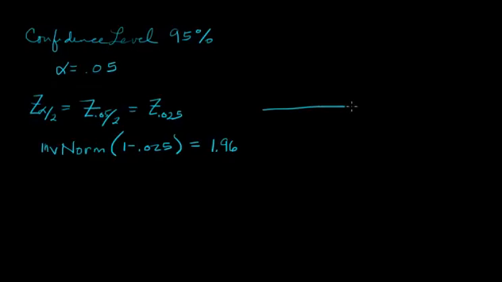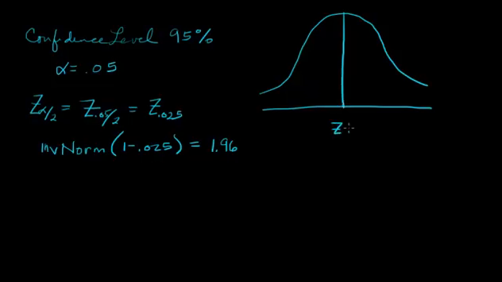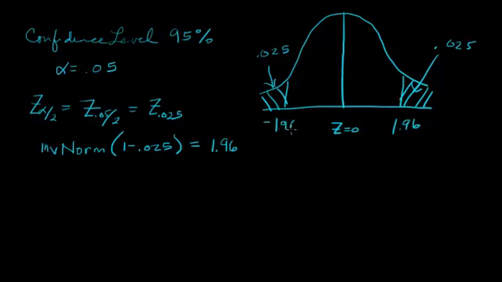Okay, so let's look at that diagram. So now our area in the right tail is half of our alpha, or 0.025, and in the left tail 0.025, the sum of that is our alpha, 0.05. Here we have 1.96, here we have negative 1.96. We said this is the most common confidence level that's used.